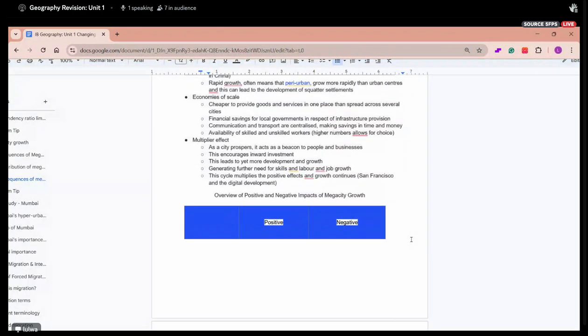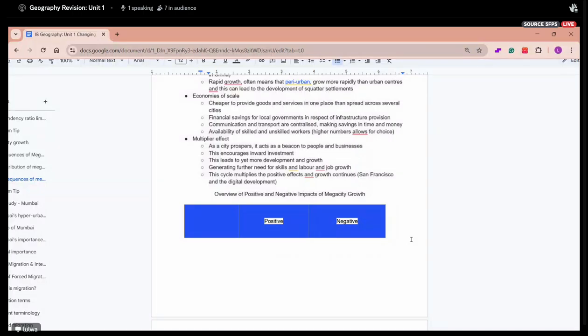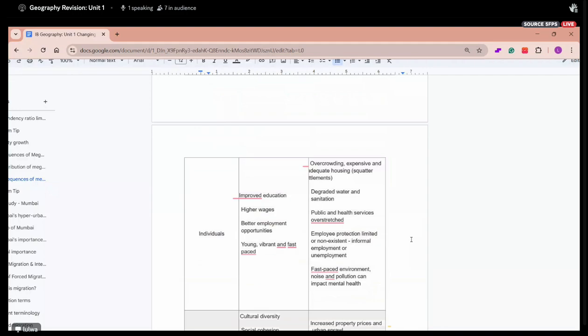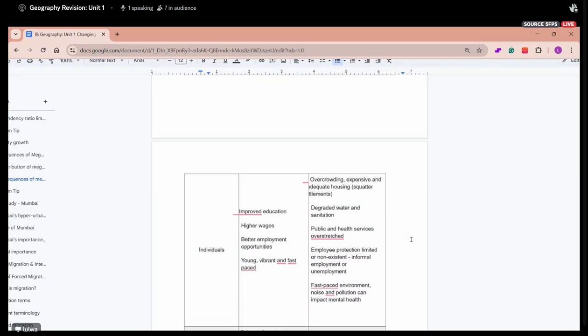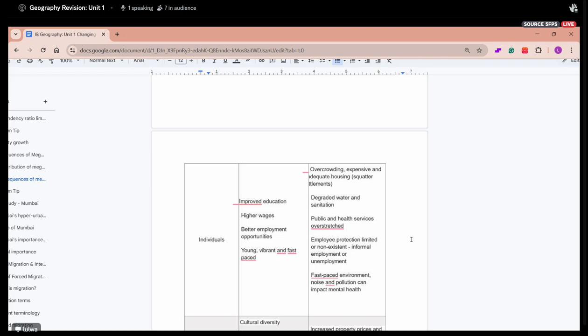However, you have to see that there's both positive and negative. So you have to evaluate megacity growth both positively and negatively. For individuals, the positives are improved education, higher wages, better employment, and a young, vibrant, and fast-paced environment. However, the downside is it's overcrowded, expensive, has inadequate housing, degraded water and sanitation, and overstretched public and health services.